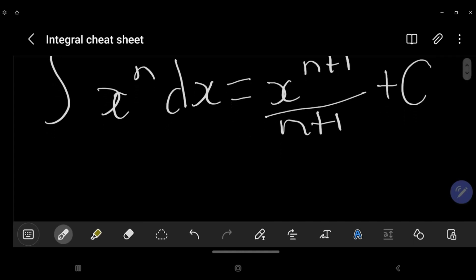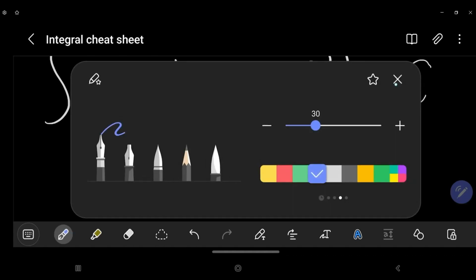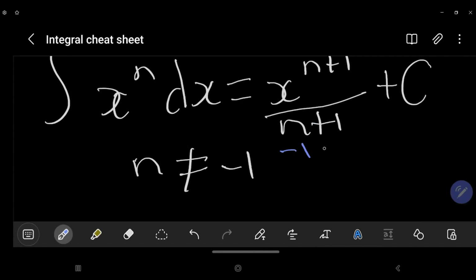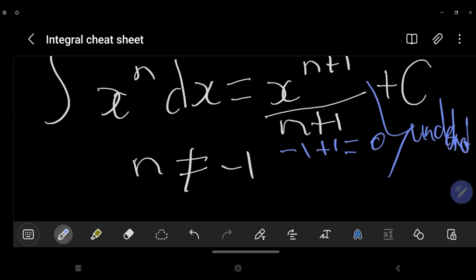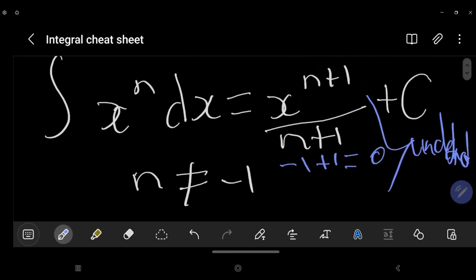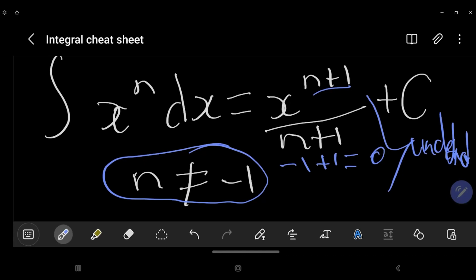However, we need to ensure that this is only true when n is not equal to minus 1. The reason for this is, if you place minus 1 in the denominator, you will end up with 0, so this becomes undefined. So just remember that the power rule, the integral of x to the n dx, is equal to x to the n plus 1 all divided by n plus 1 plus c, as long as n is not equal to minus 1.